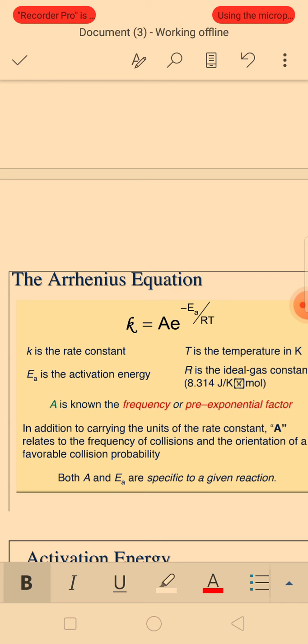Its value is 8.3143 joule per Kelvin per mole, and A is the frequency or pre-exponential factor. This equation is utilized to determine the energy of activation from the rate constant.